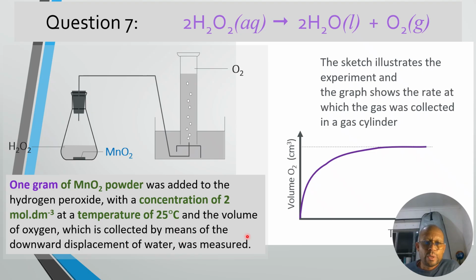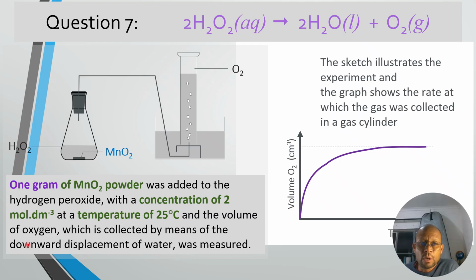So let's read what the question is all about and then see if we can answer the questions that follow. 1 gram, please take note the amount of manganese dioxide. So 1 gram of manganese dioxide powder was added to the hydrogen peroxide with a concentration of 2 moles per cubic decimeter at the temperature of 25 degrees Celsius, which is room temperature.